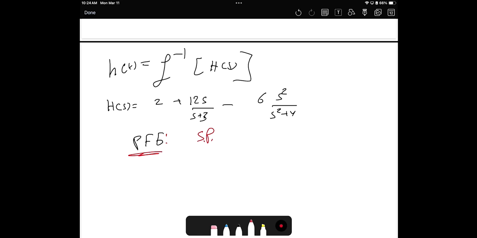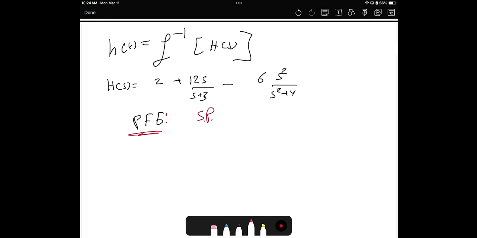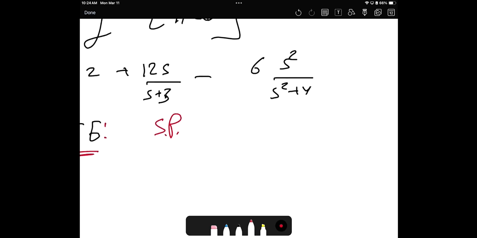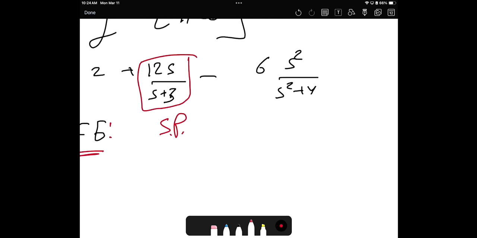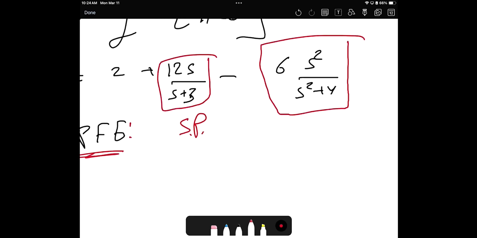So we need to make sure of the order. Is it strictly proper? Let's look at 12s over s plus 3 and look at 6s squared over s squared plus 4. Now look at term A, the first term A. Is it strictly proper?